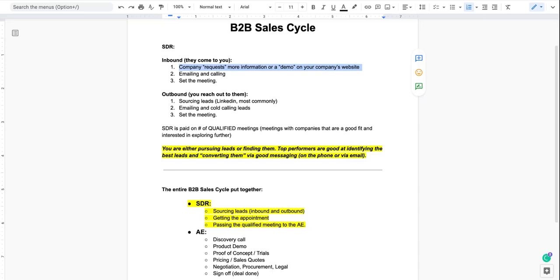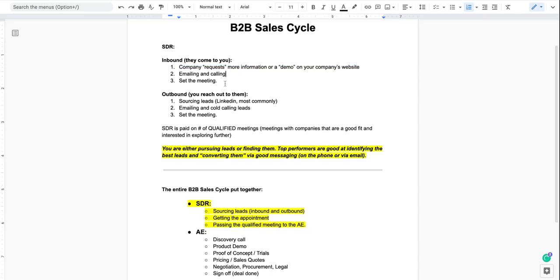And basically, these leads are great because they're coming to you. You know that they're interested in what you have to offer, and they're interested because they likely have a big problem that they're looking to solve.